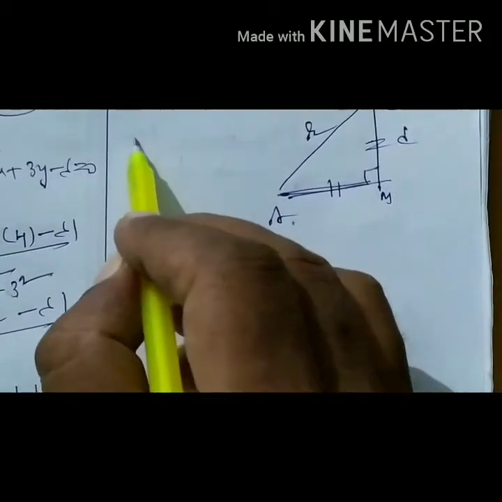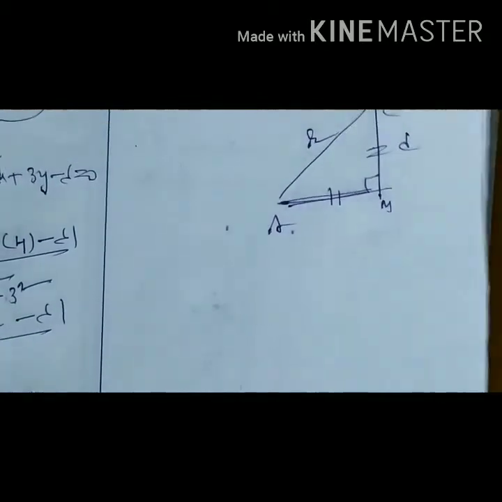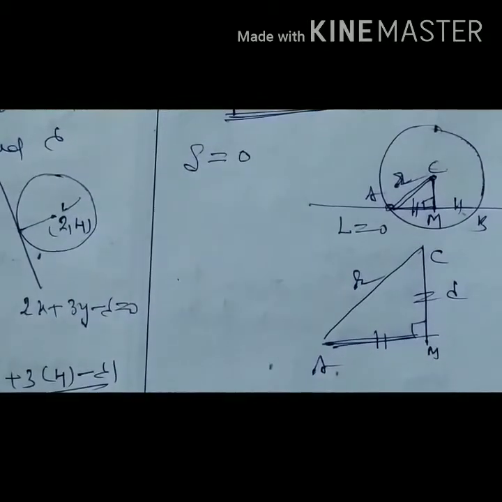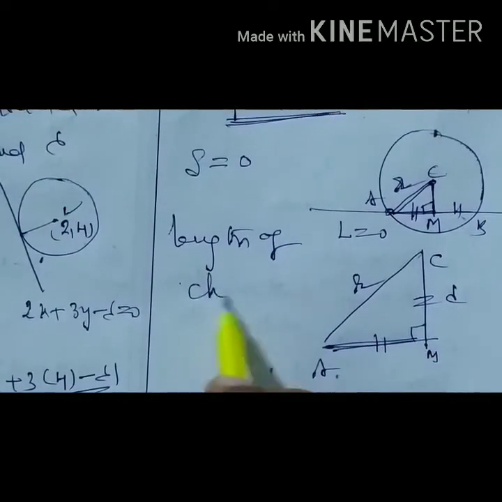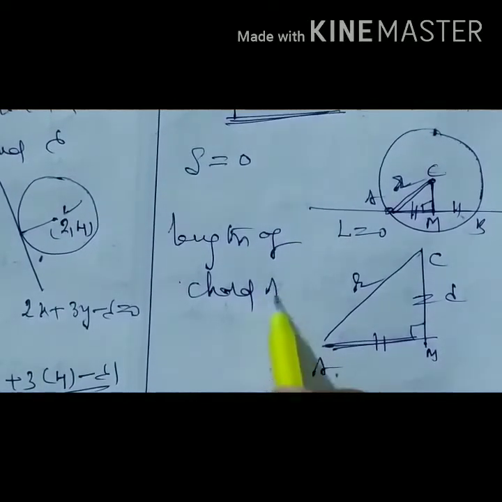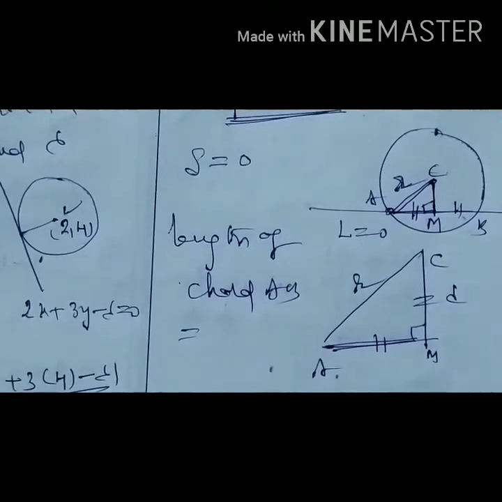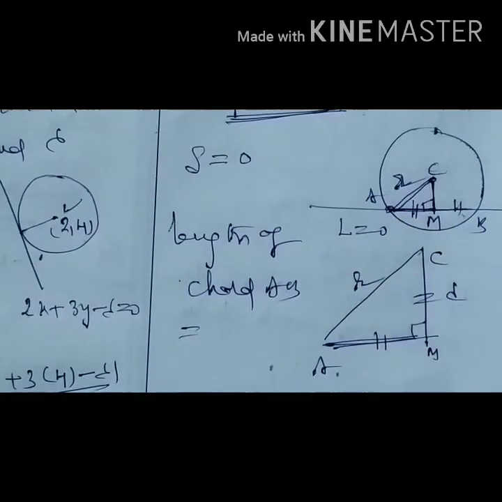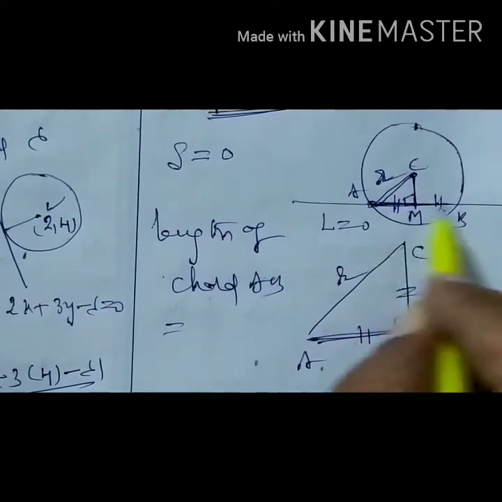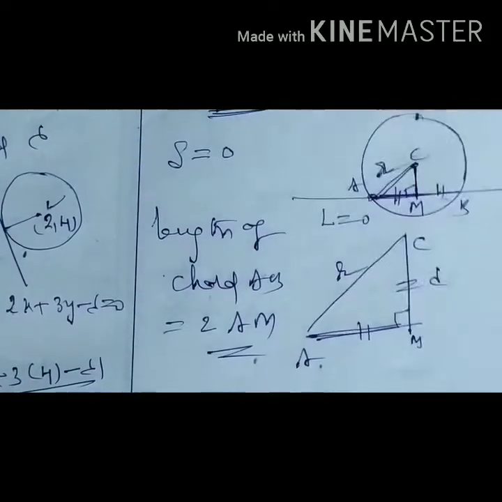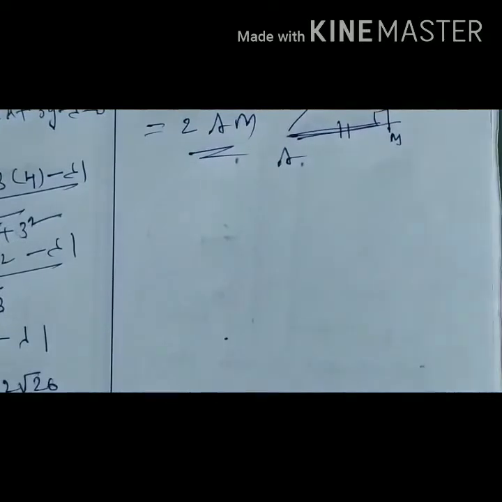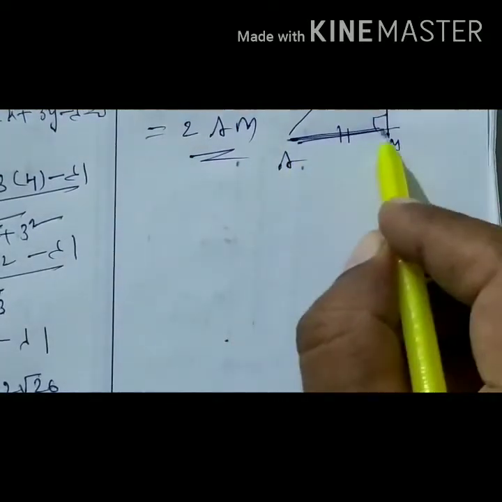The length of the chord AB is equal to 2 times AM. So if we are able to find AM, then it is enough.